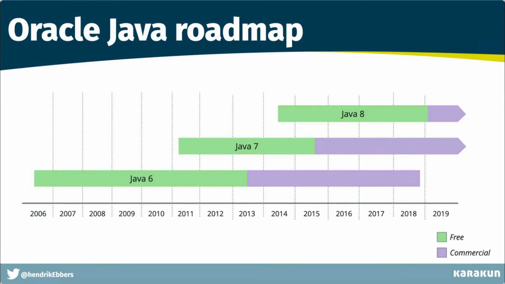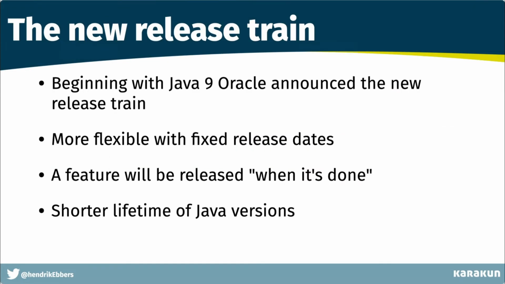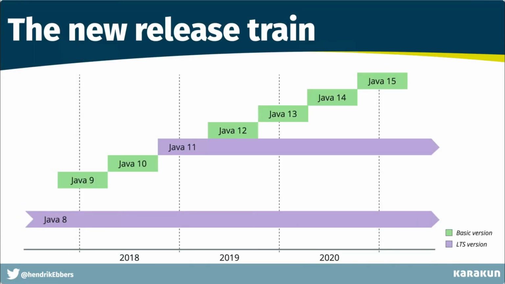And then beginning with Java 9 and 10, we had this new release train. And this release train was way more flexible than the previous release train because a new release did not happen, or doesn't happen, when it's done. A release has a fixed date, and all 6 months a new Java version appears.